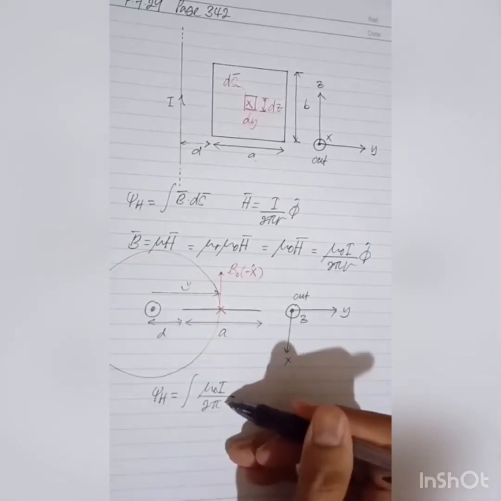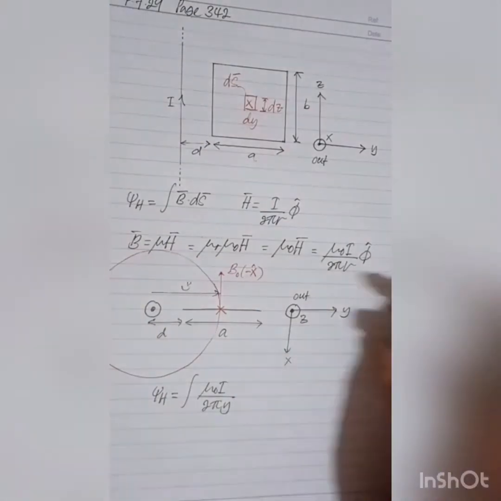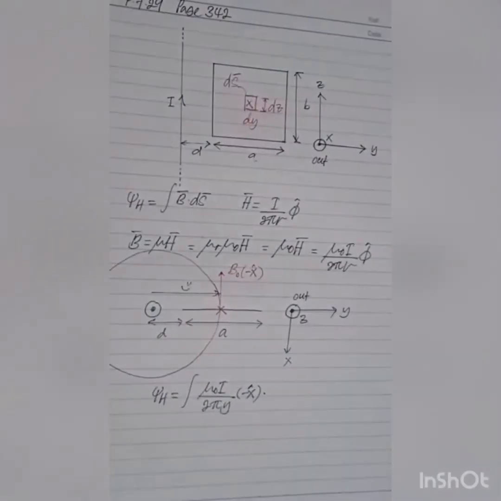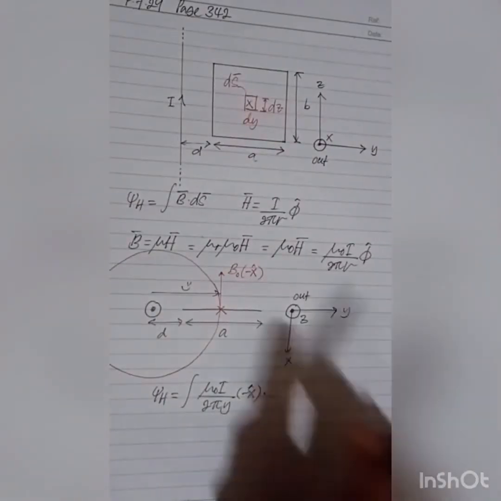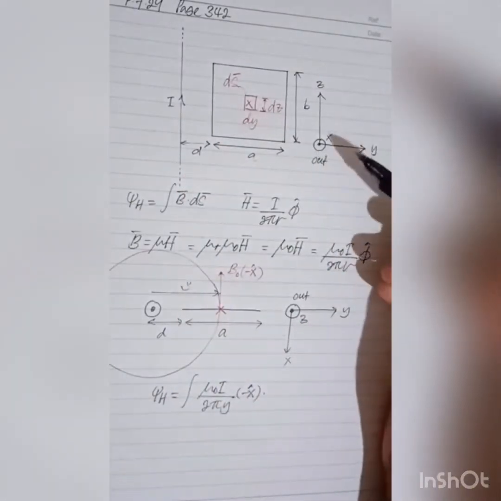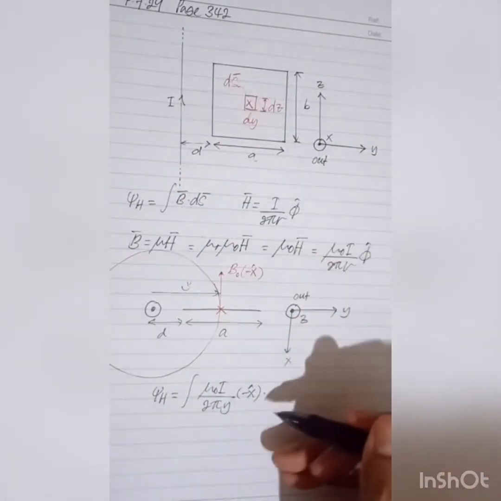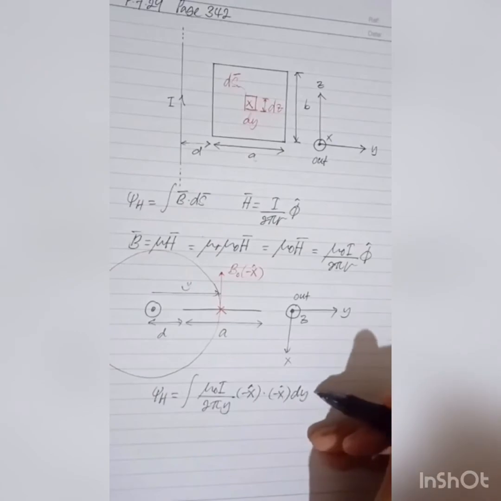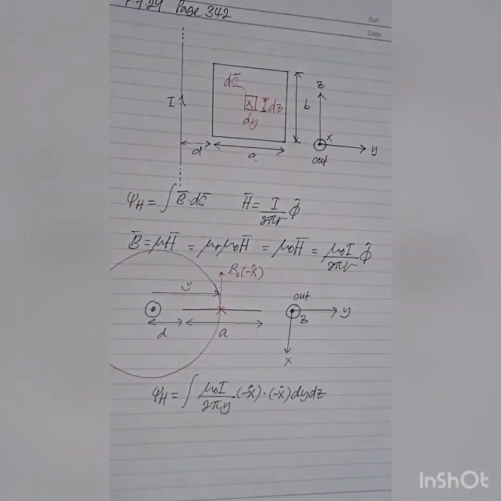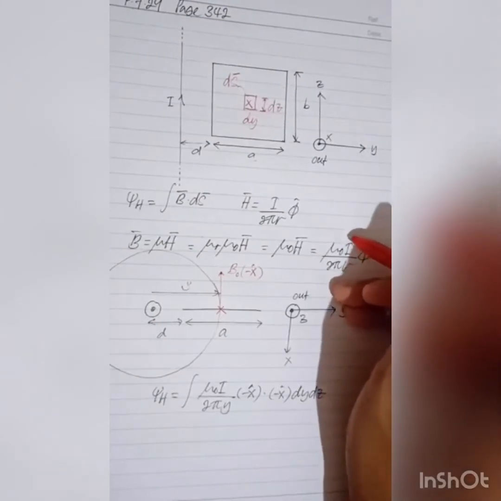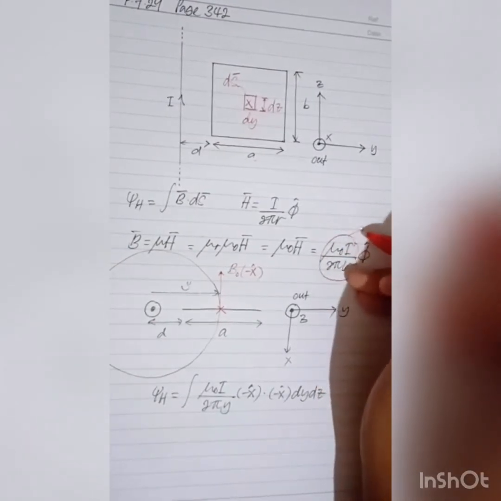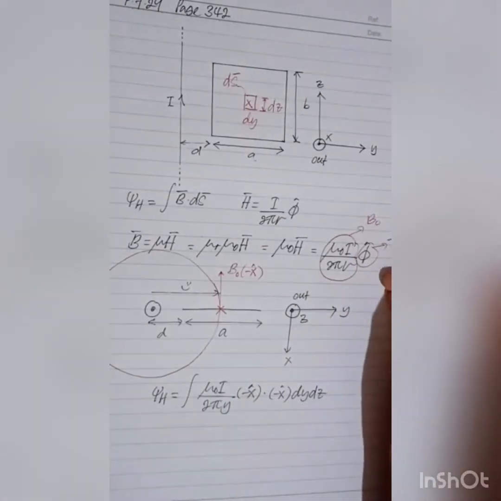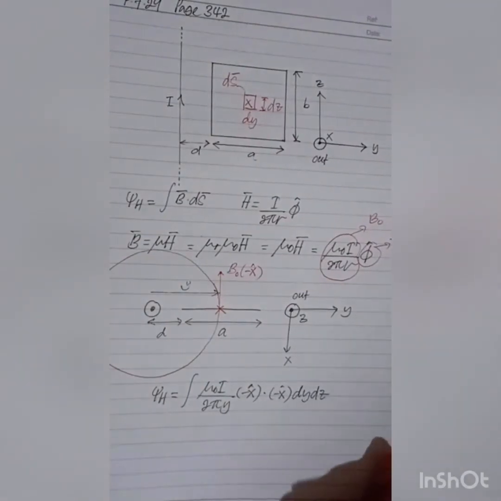The direction is negative X. Now how do I find ds? ds can be obtained as shown above. Since I want a positive flux value, I make it in the same direction, negative X, with dy dz. Make sure you know that this is our B naught, the magnitude.